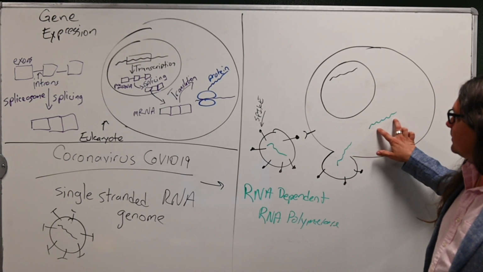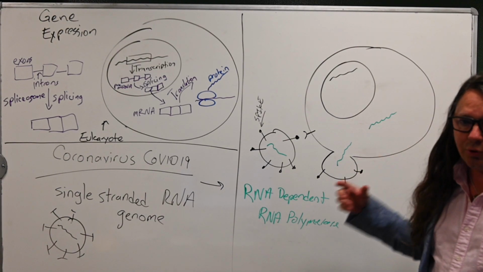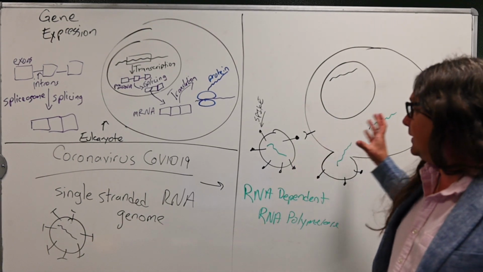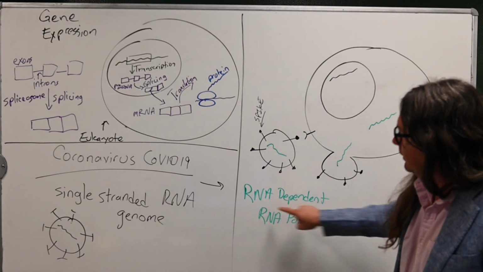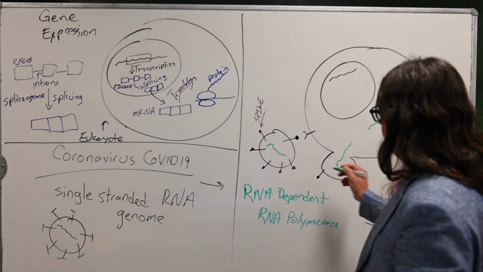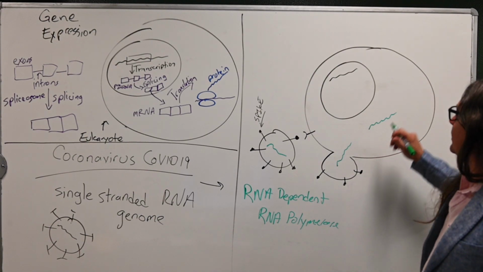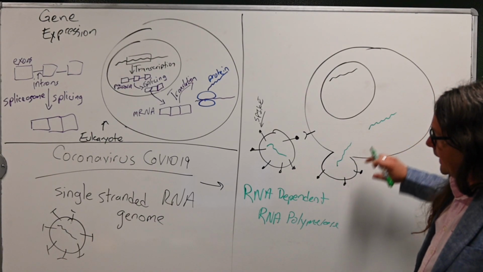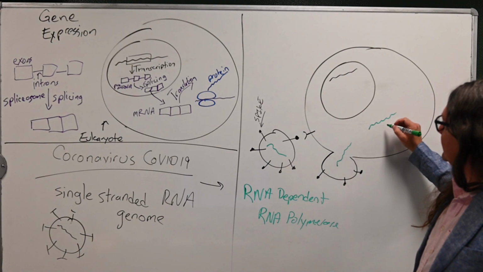So we have this genome in the cell. It's going to use the cell's ribosomes, tRNAs, and all the nutrients to translate that gene and make this enzyme, so that it can then make more copies of the genome.